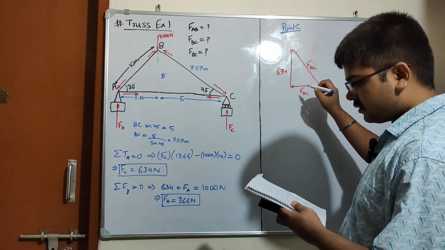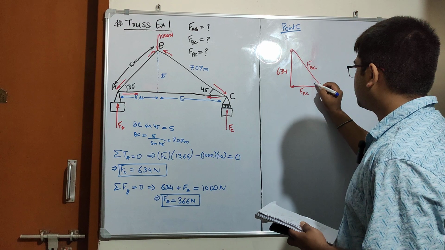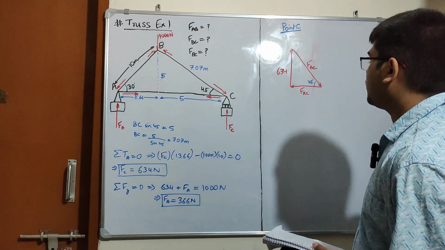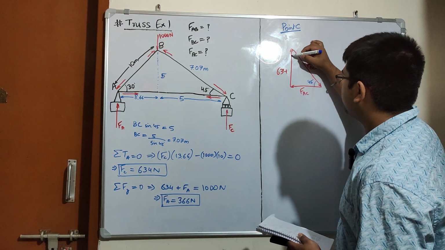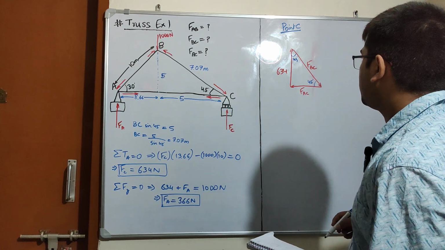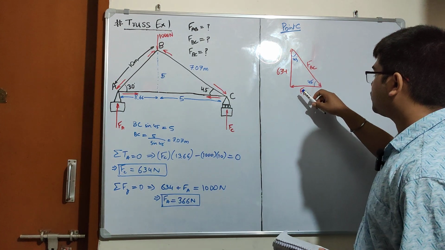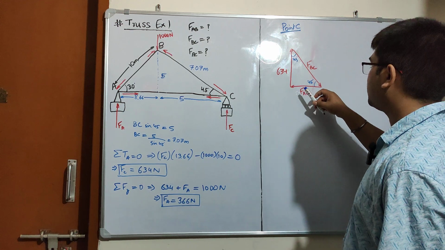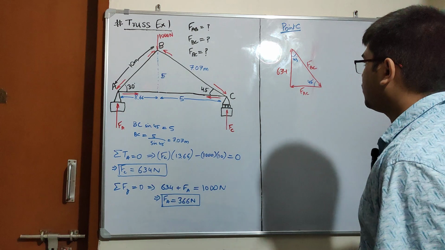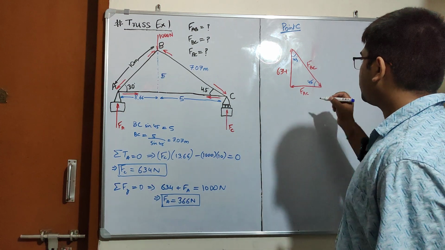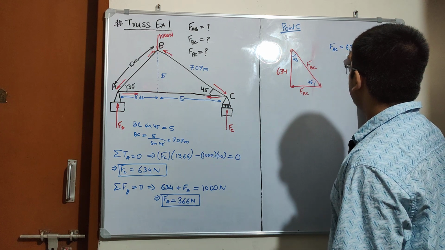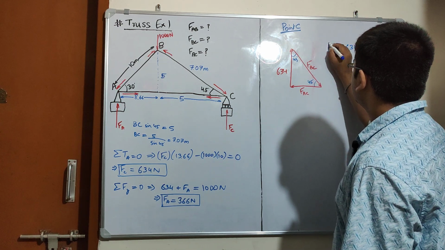Now this angle is 45 degrees and this is 90, so this would be 45 also. Now 45, 45, so we can see that these two are equal. So FAC equals 634 newtons.